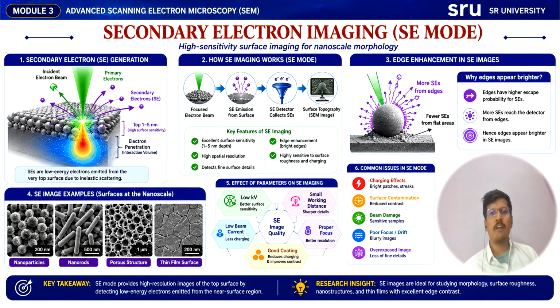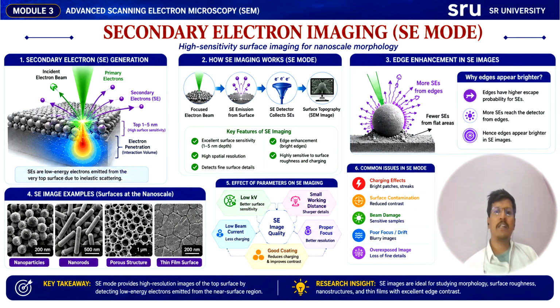The intensity of these collected electrons is converted into brightness variations on the screen. So forming an image is the final output from the secondary electrons.